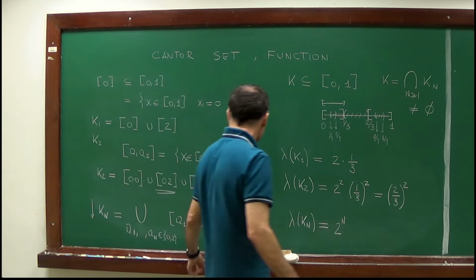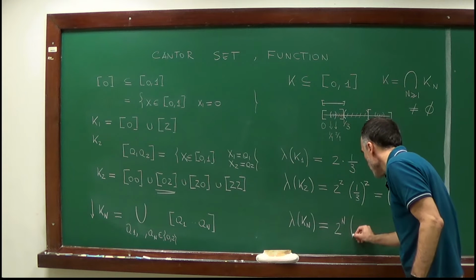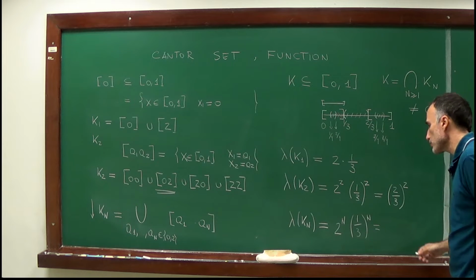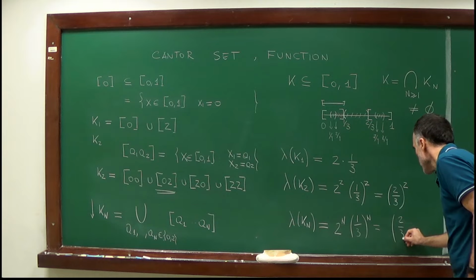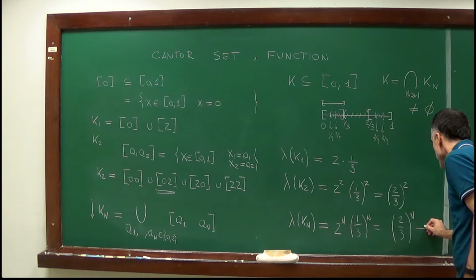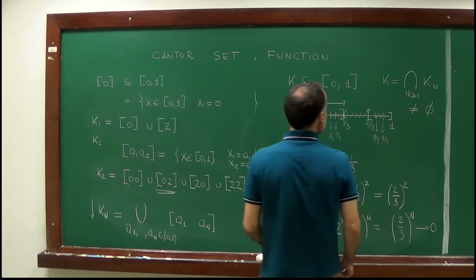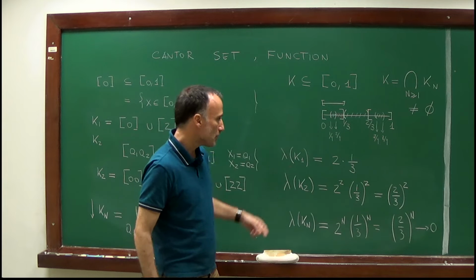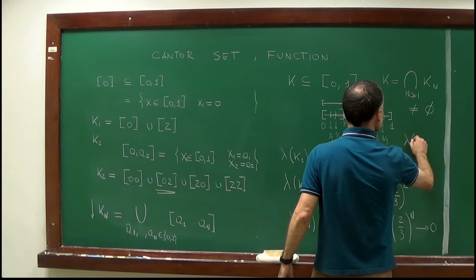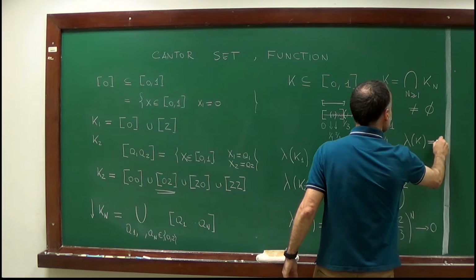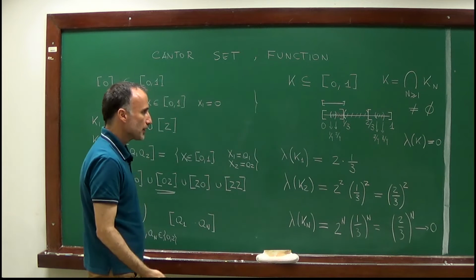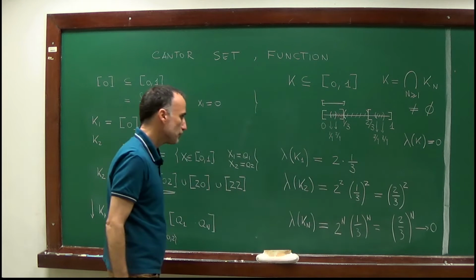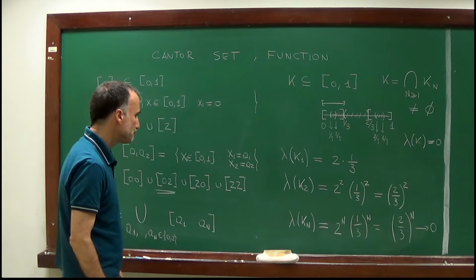So each of these brackets corresponds to an interval of length 1/3 to the nth, and therefore the Lebesgue measure of Kn is (2/3) to the n, and this is clearly decreasing to 0. And since K is contained in each of these sets Kn, the Lebesgue measure of K is equal to 0. So K is what's called the Cantor set. We just proved that the Lebesgue measure of the Cantor set is equal to 0.